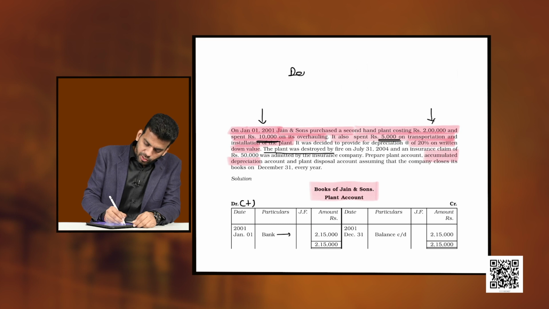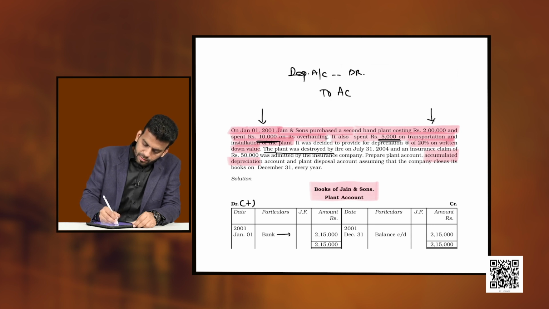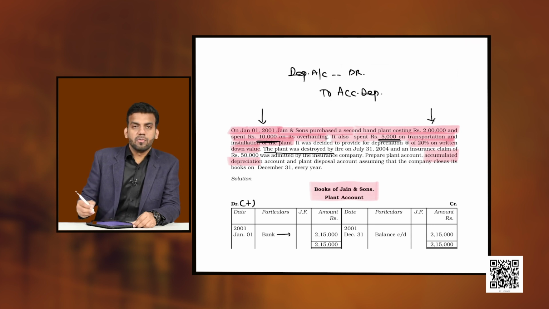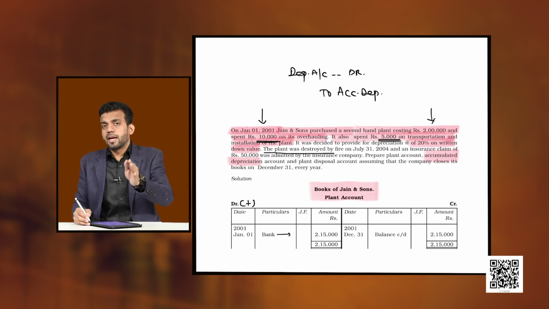Firstly, I must show you the entry. Depreciation is going to be debited. Earlier, we were making machine account credit, but this time we are not crediting machine, we are crediting accumulated depreciation account. Machine is not getting credited, accumulated depreciation is getting credited like this.